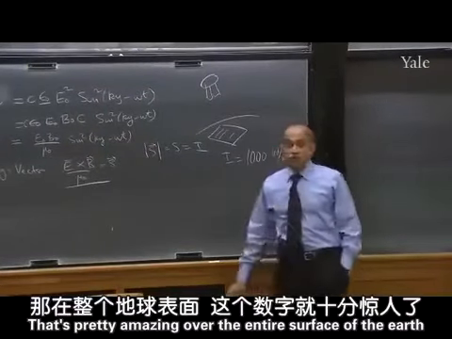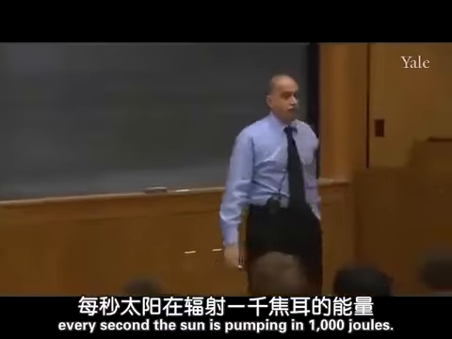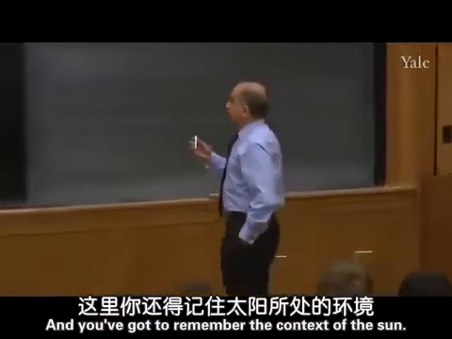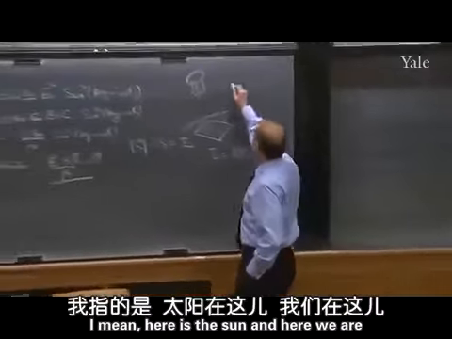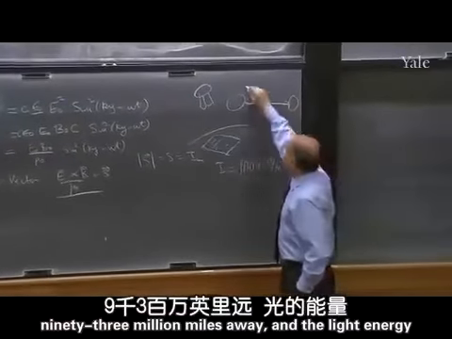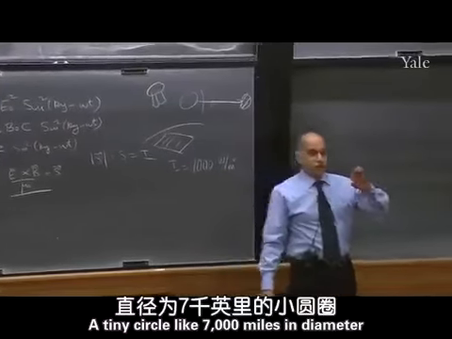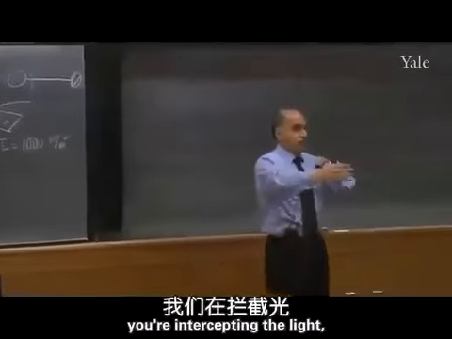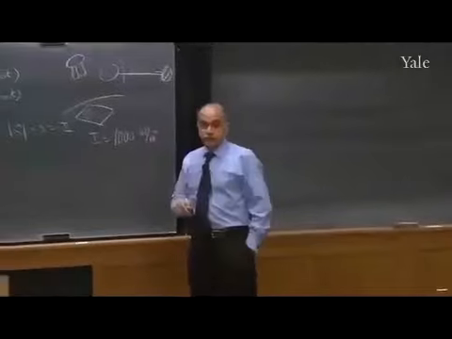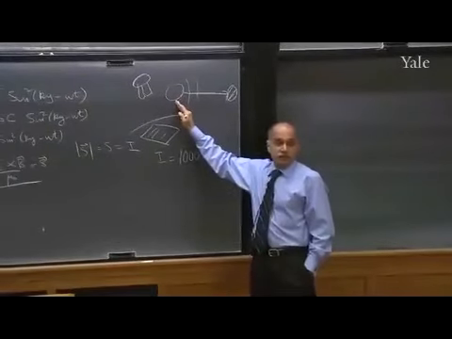That's pretty amazing. Over the entire surface of the Earth, every second, the sun is pumping in 1,000 joules. And you've got to remember the context of the sun. I mean, here is the sun, and here we are 93 million miles away, and the light energy is going, and this is our share. The light, a tiny circle, like 7,000 miles diameter, you're intercepting the light. And every square meter of it gets 1,000 watts. You can see the stuff coming out of the sun. It's a prodigious amount of light.